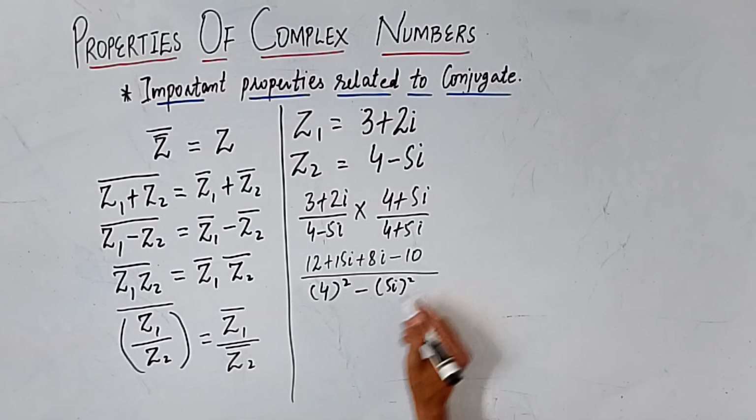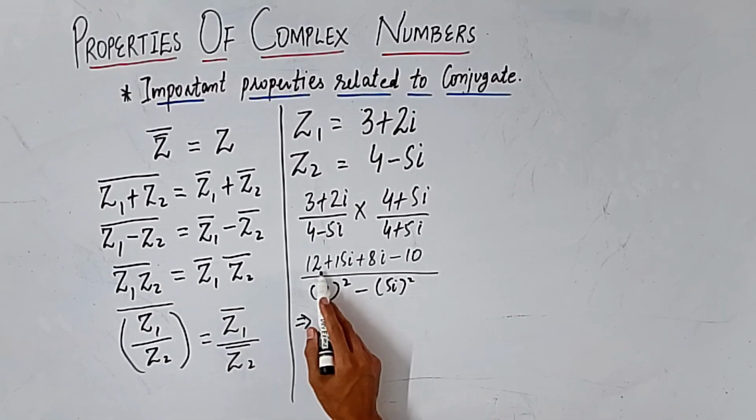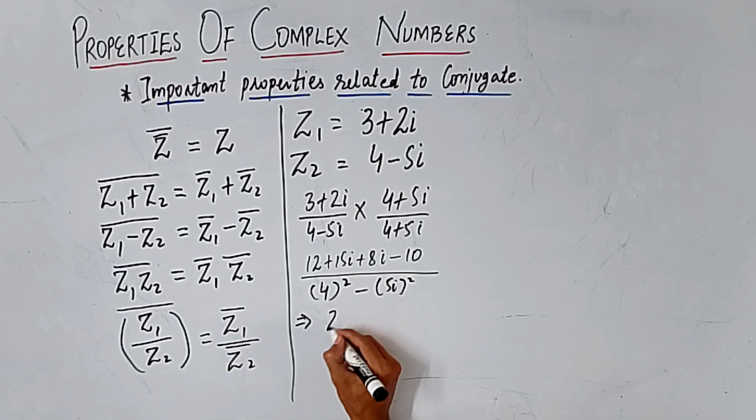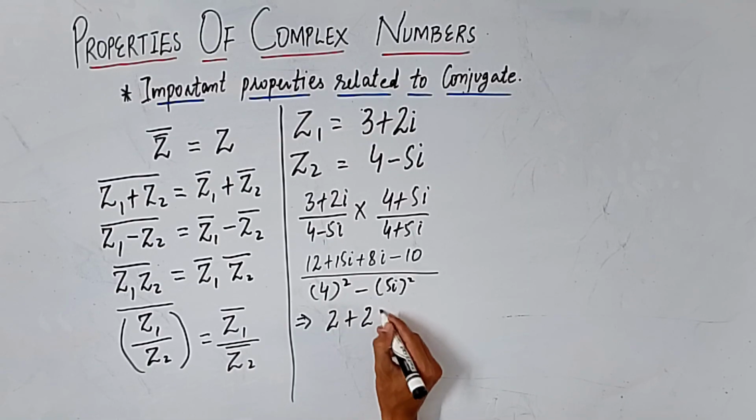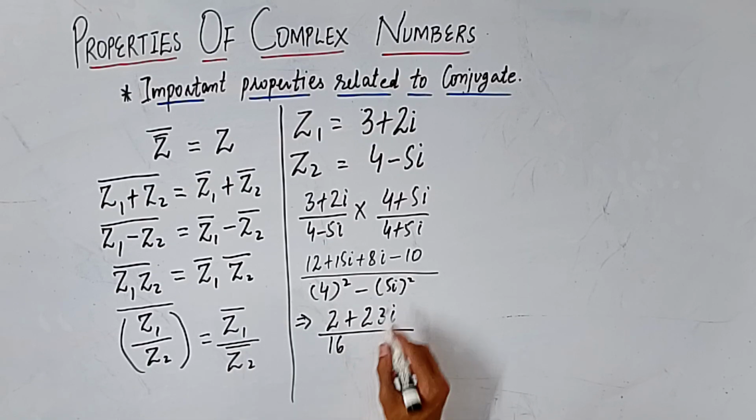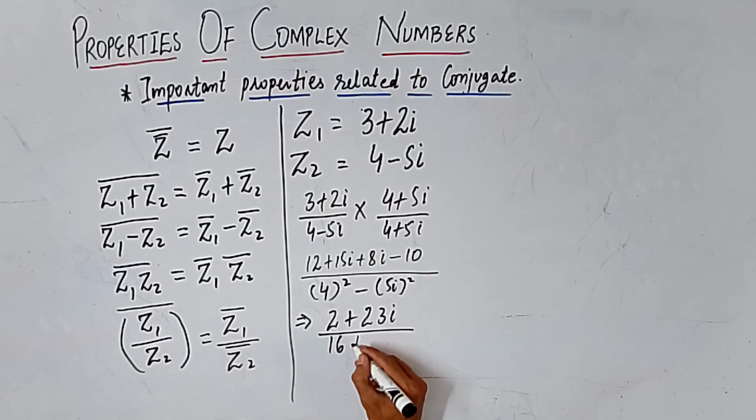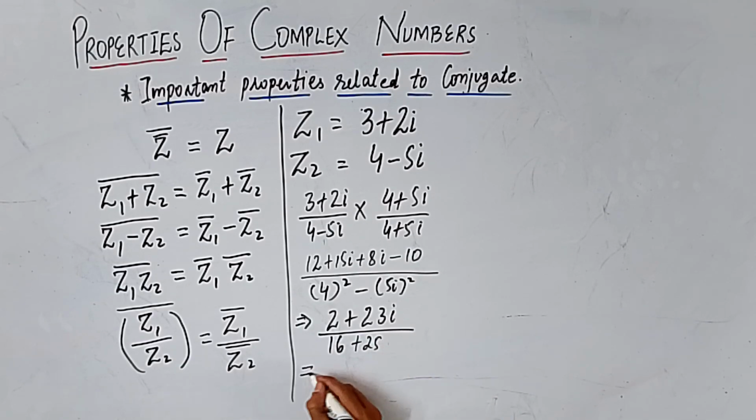So you will get 12 minus 10, 2 plus 23 iota. And in the denominator, you will get 16, and then iota square will be minus 1, and 5 square is 25, so it will be minus minus plus 25. So you will get the left hand side as 2 plus 23 iota upon 25 plus 16, 41.